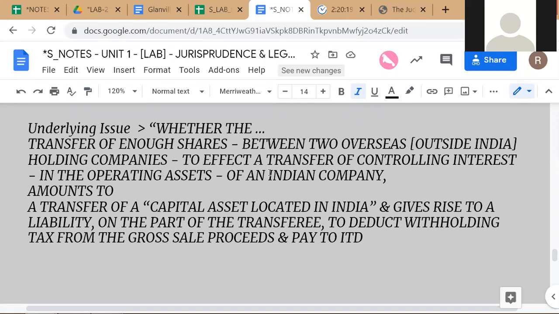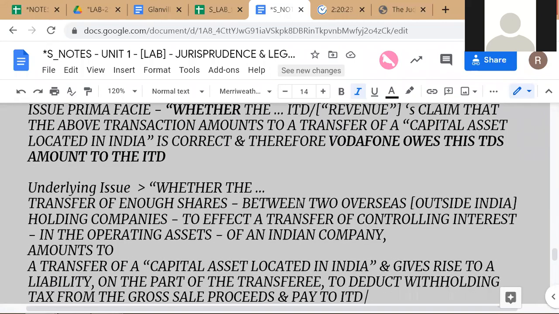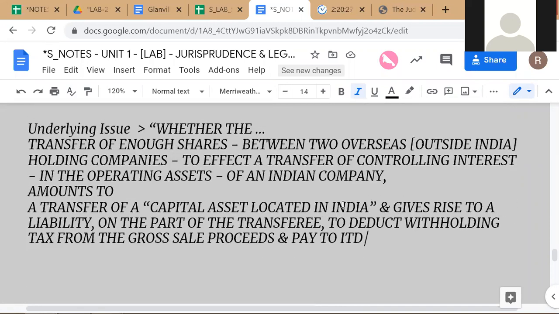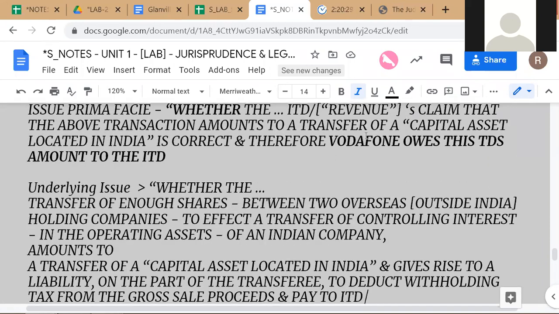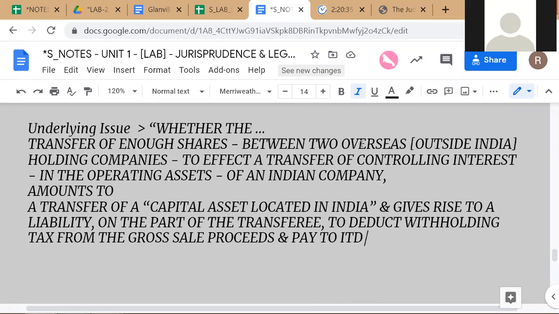Whether basically this kind of indirect transfer, which is still not a good term, but the courts have used it, by transferring the shares between the holding companies so as to transfer the controlling interest in the operating assets, effectively means that it is to be treated as a transfer of the operating assets. Okay?